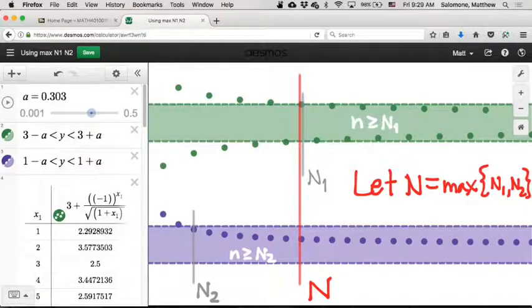Whichever of those two values is larger, that's the one that we're going to take. And we don't know whether N1 or N2 is going to be larger because we don't know anything about our two sequences, Sn and Tn. And so we need a way of being agnostic. Not knowing which one of these two is larger, we still want to pick the one which is larger. So we say capital N is the max of N1 and N2.